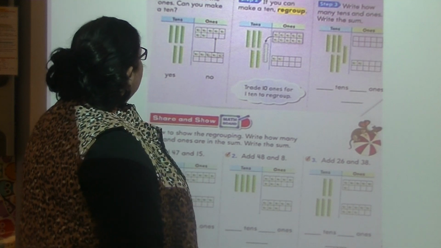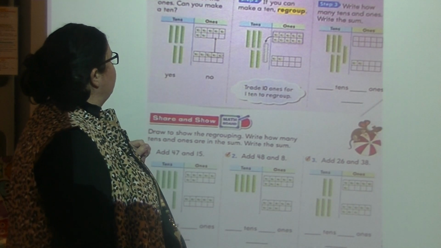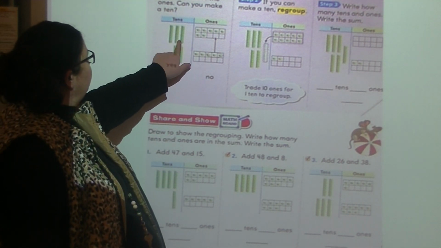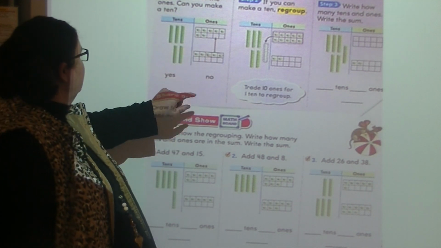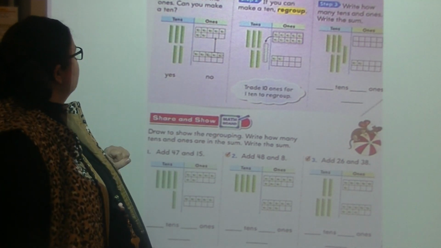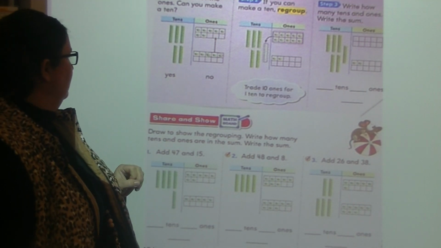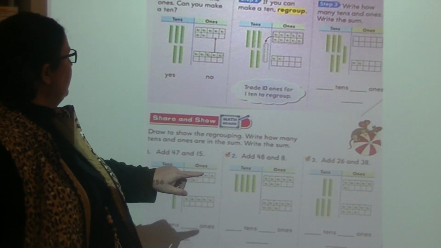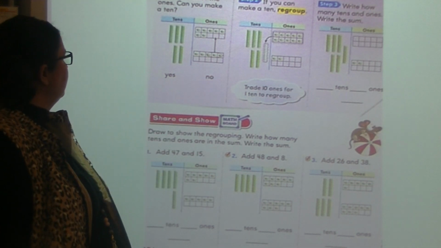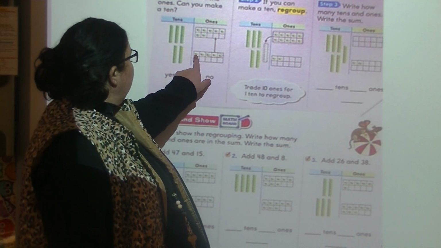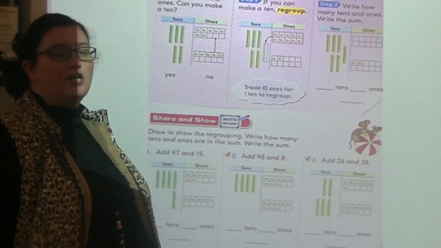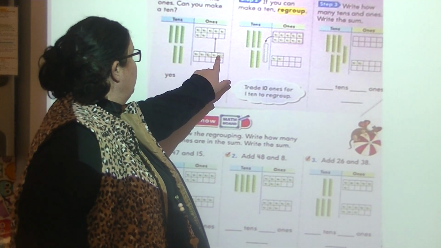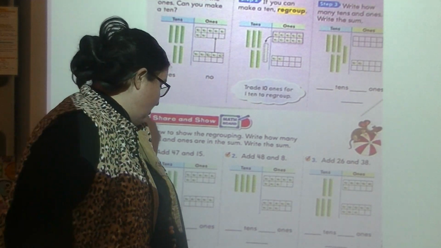All right, it says add the numbers 37 and 25. Circle them up? Yes, circle it.